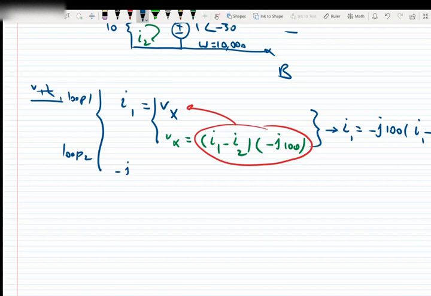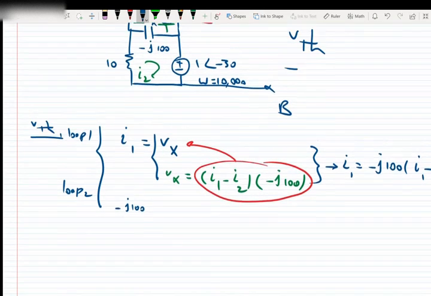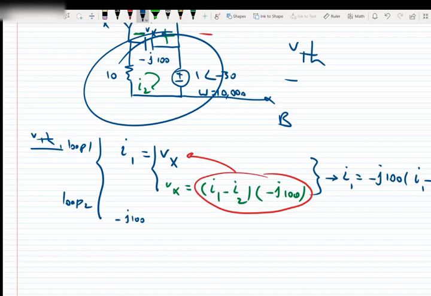negative J100. I'm just writing the KVL for loop 2.